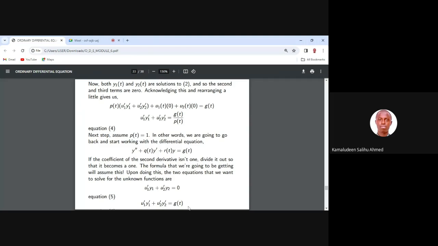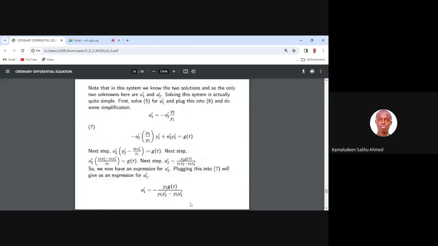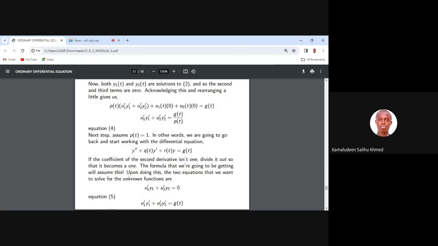Okay, so now let's see what will happen. Note that this system is a linear algebra problem, so you can solve it.